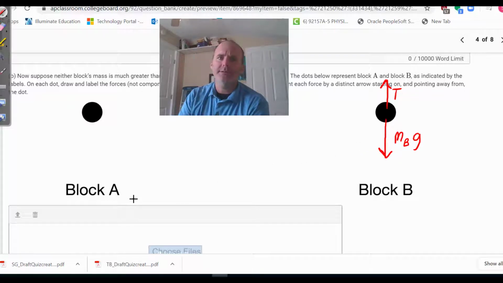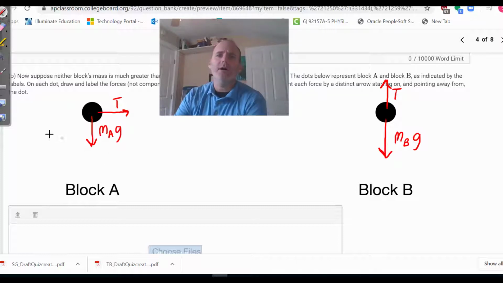So I'm going to call that T. Over here we have block A. Block A has the rope pulling, so we have a tension force here. We also have the weight of block A, and it's on a surface, so we have a normal force.